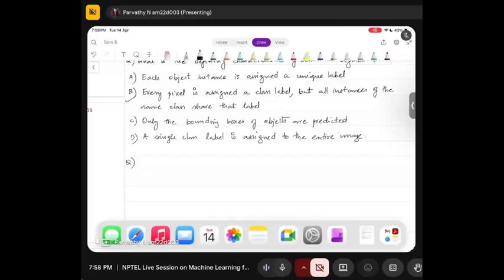This is one of the limitations that semantic segmentation has compared to instance segmentation, because if you have five people, all of them will be categorized as person, whereas in instance segmentation you have person one, person two, etc. So you get a more fine-grained representation in instance segmentation compared to semantic segmentation. So that is one of the limitations.